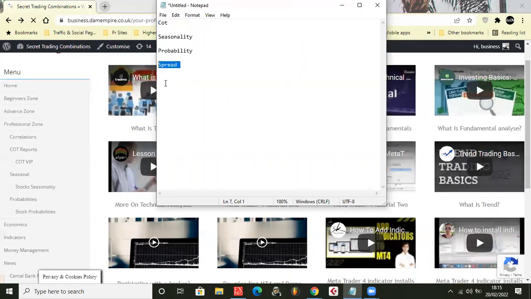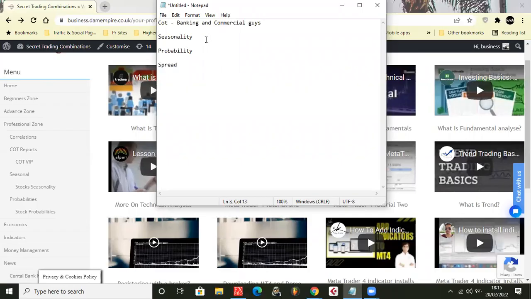This one is an indicator. These tools help show you what the market is going to do. I'm going to try to cram everything in a very short time because we only have about 25 minutes left. So COT shows you what the banking guys are doing, the banking and commercial guys.